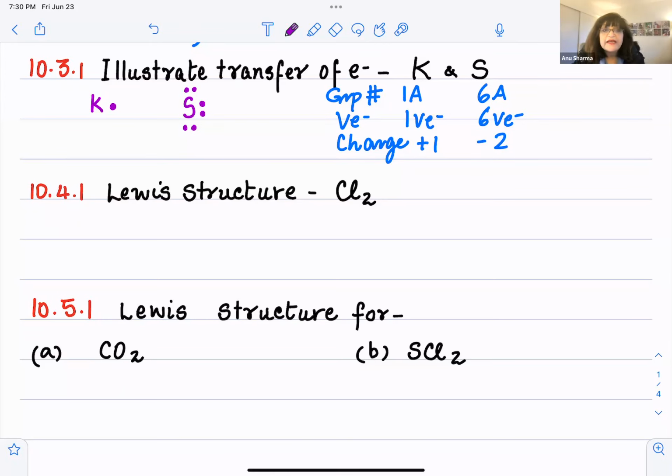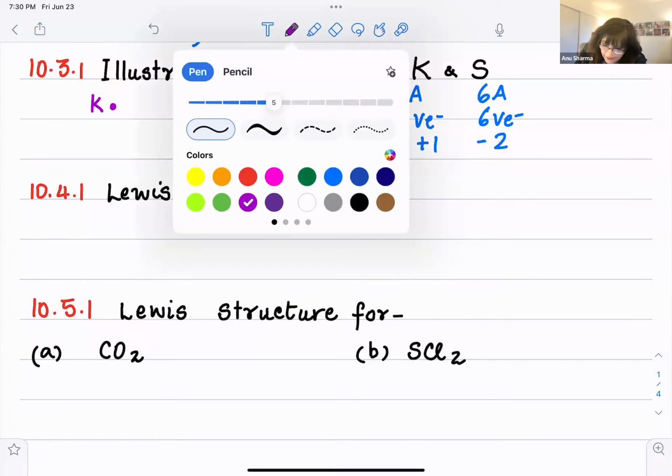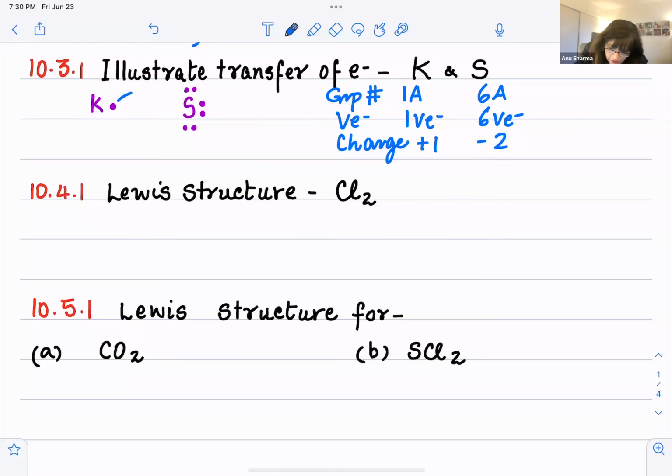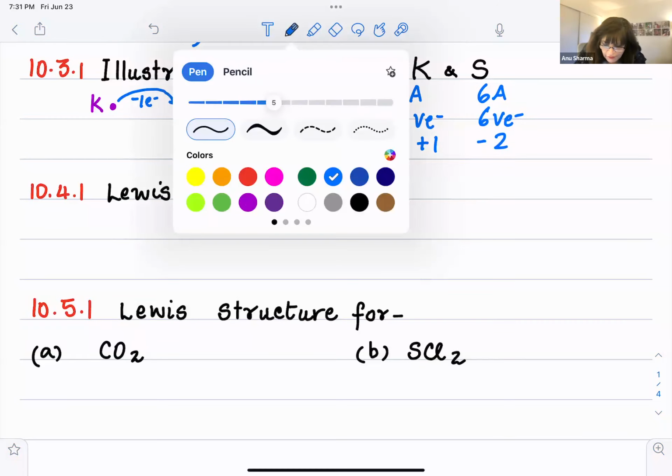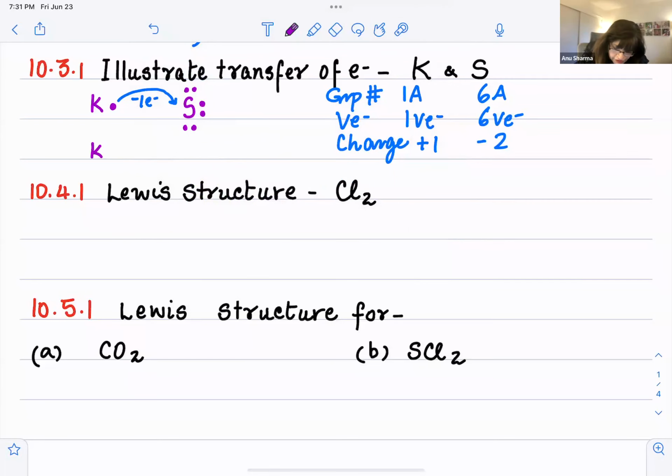Sulfur wants to have 8 electrons in its last shell. So the 1 potassium can only give 1 electron. So here potassium gives away that 1 electron, and that's not enough for sulfur. So it has to take 1 electron from another potassium. Here it is giving away 1 electron.